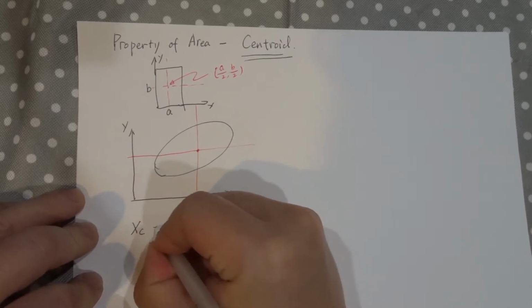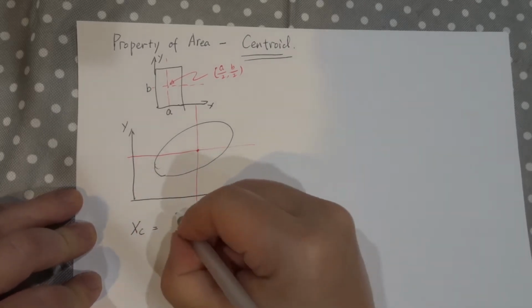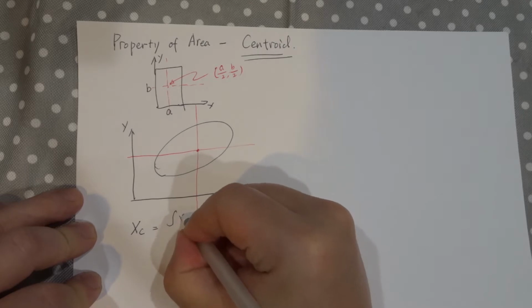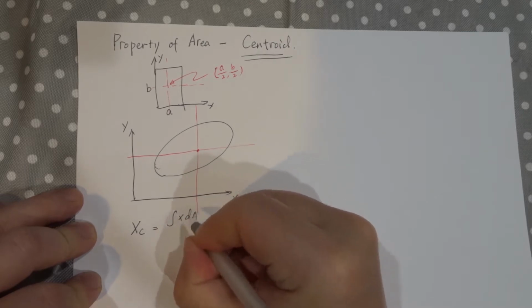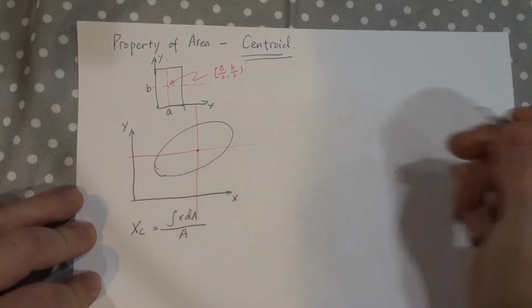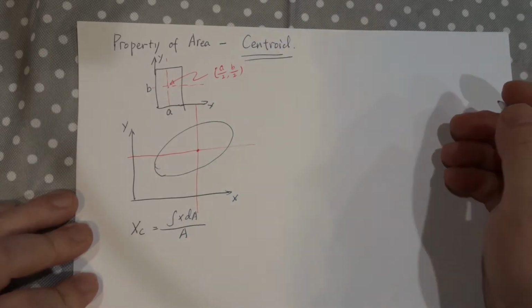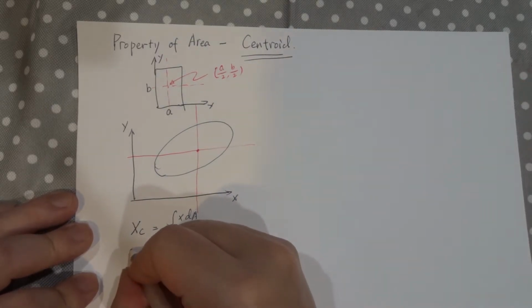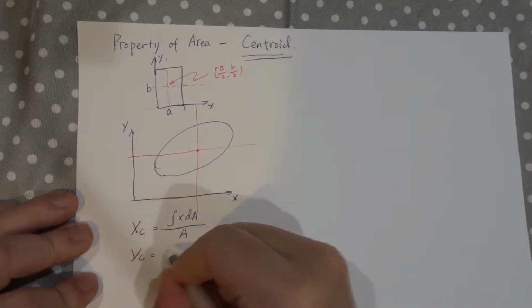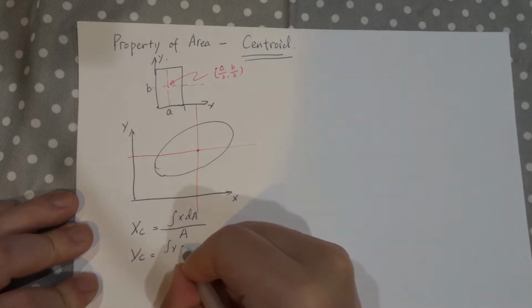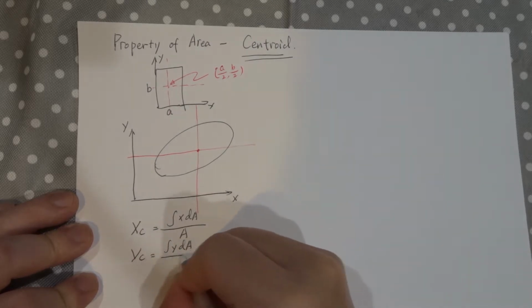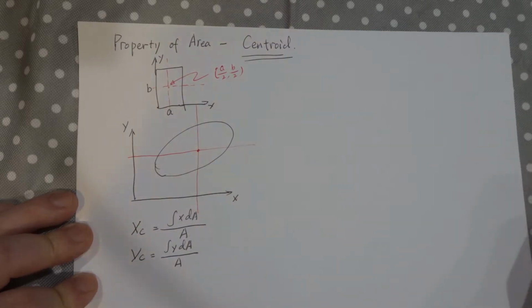In the x-axis, the centroid is simply going to be the integral of x with respect to A divided by A, where A is the area of the shape. Similarly, for y, we're going to take the integral of y dA over A.